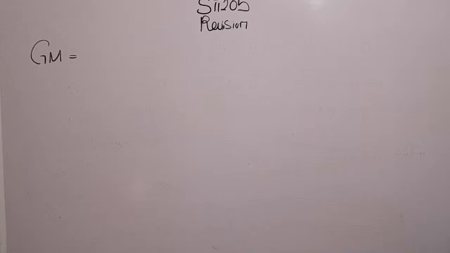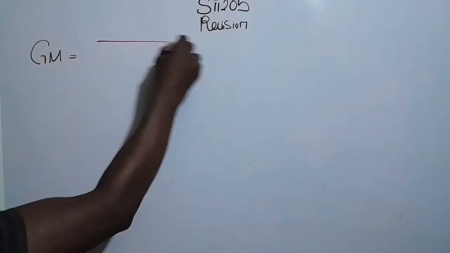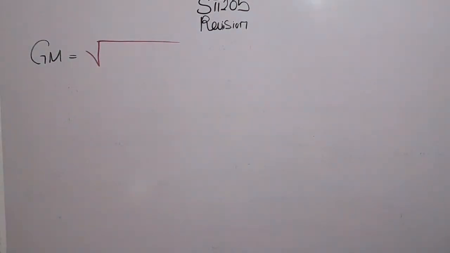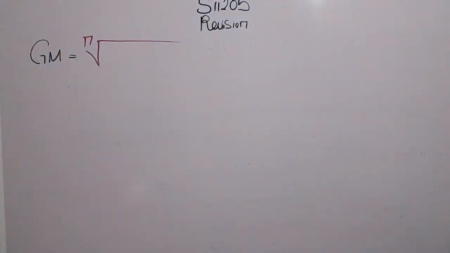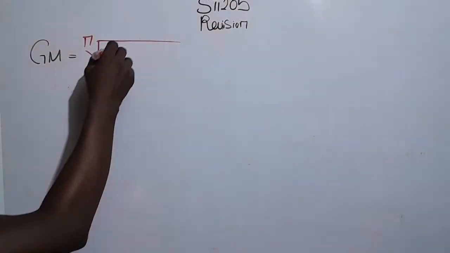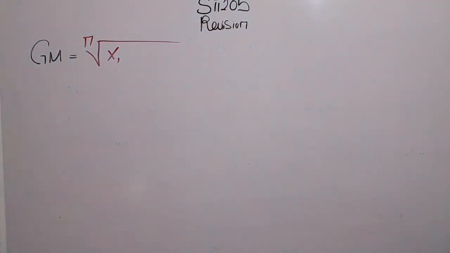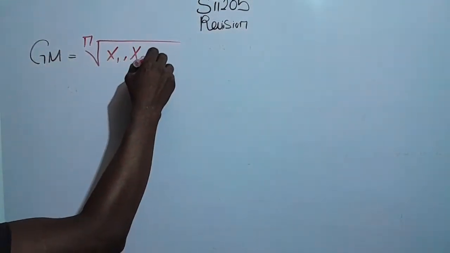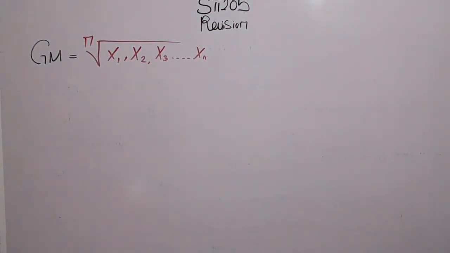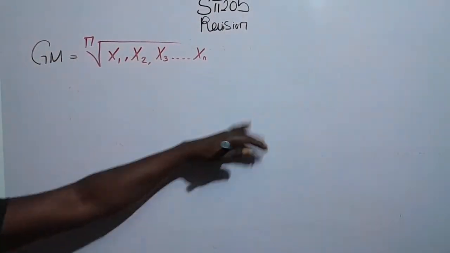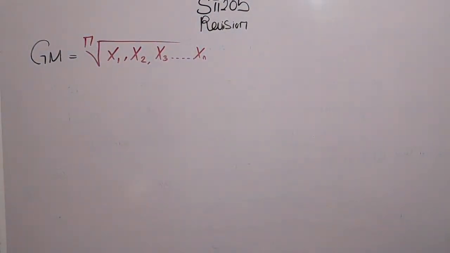The simple formula for GM is the nth root of x1, x2, x3, till xn, the total final number. That is for GM. Very simple, precise, and straightforward.